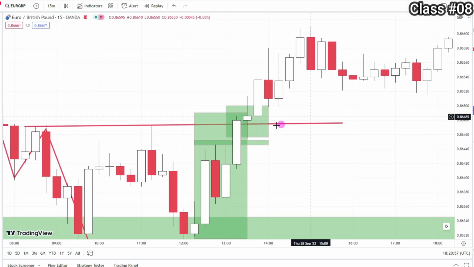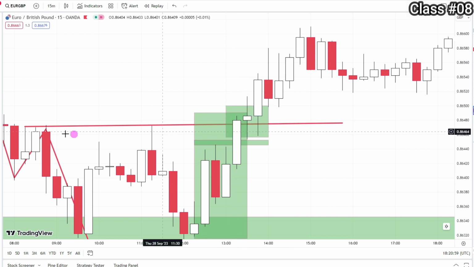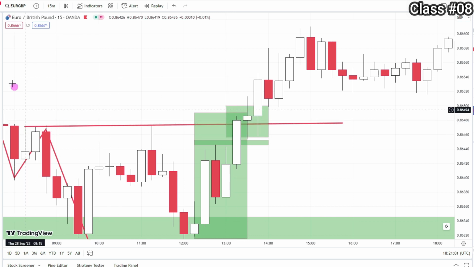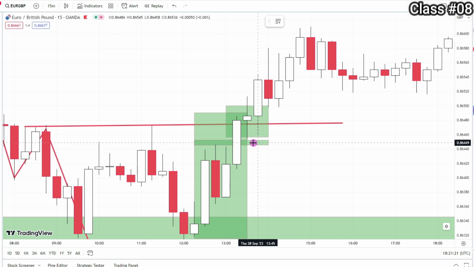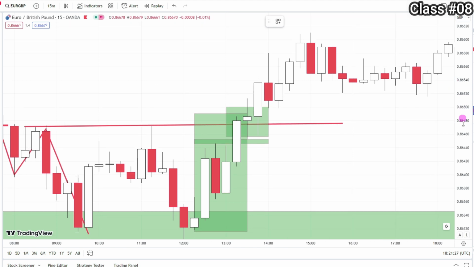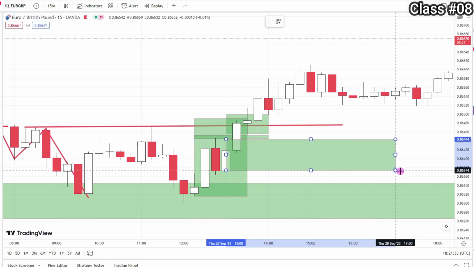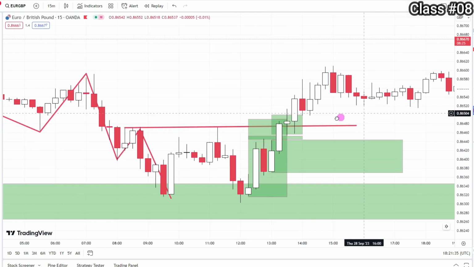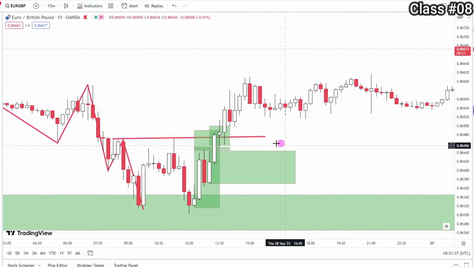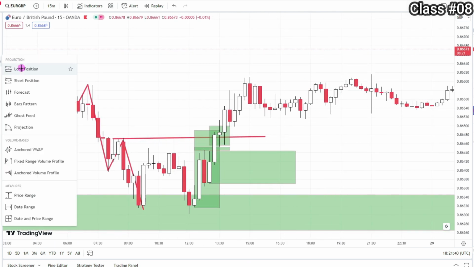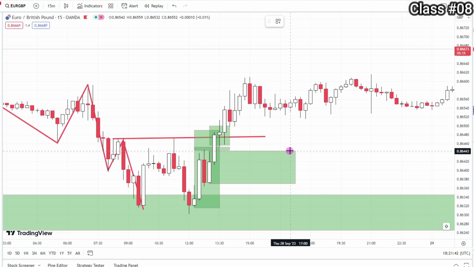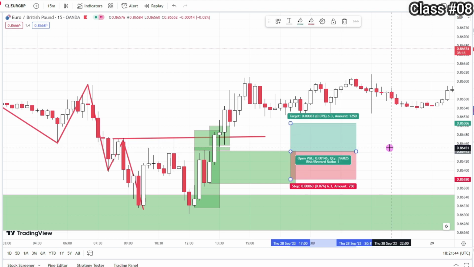After breaking and closing this structural higher high point, this is the imbalance zone between this first and this third candle. So we need to mark our buying zone in the range of this first candle, and set our buy limit order at this candle.